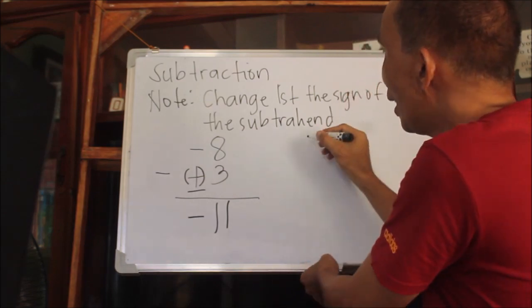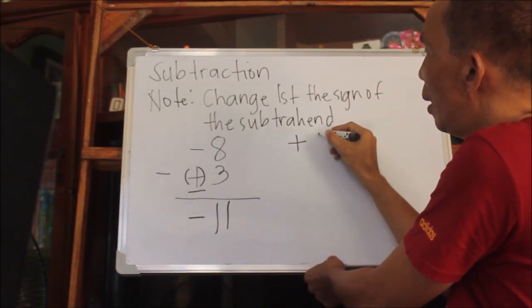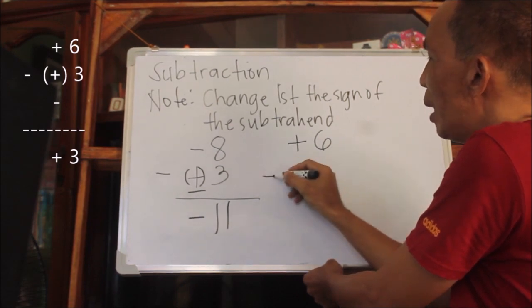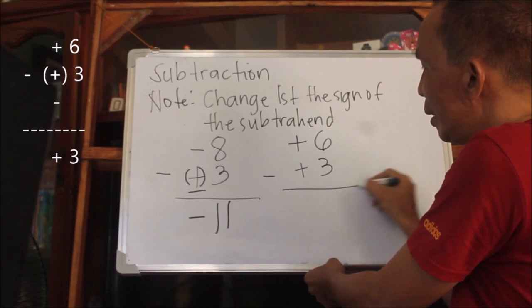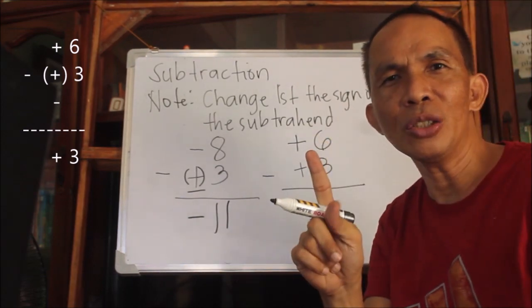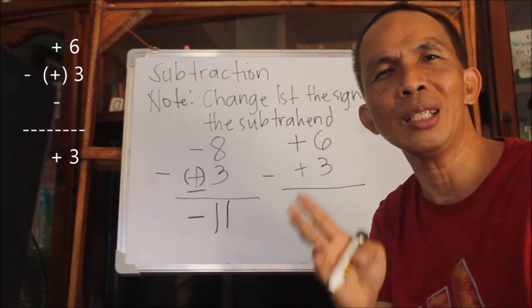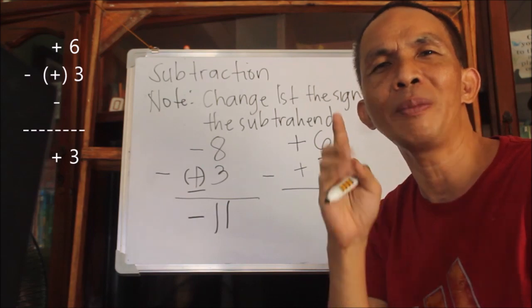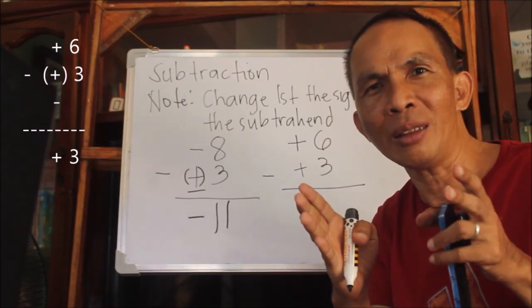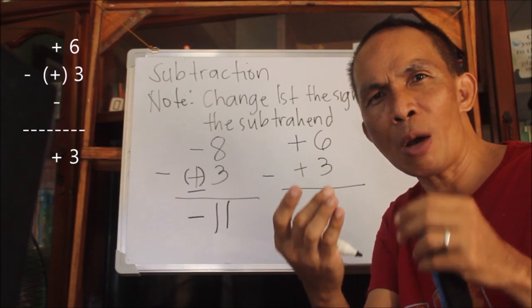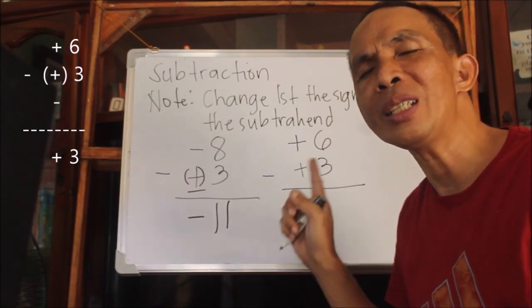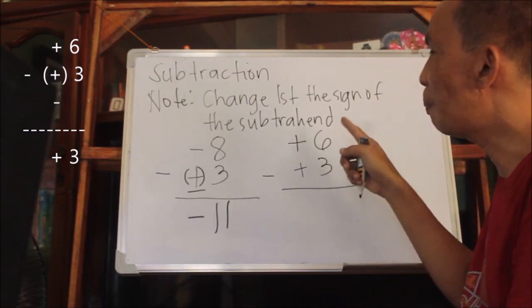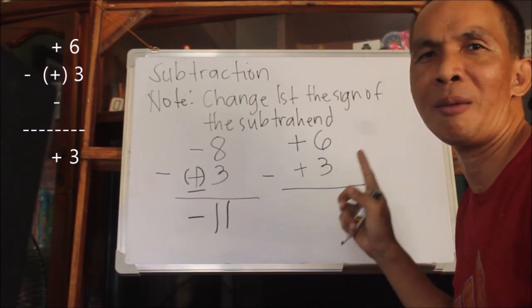Okay? Another example, we have positive 6 minus positive 3. Again, do not forget to change first the sign of the subtrahend. And after you do that, you can now go back to the rules in addition. So in this example, we have positive 6 minus positive 3.